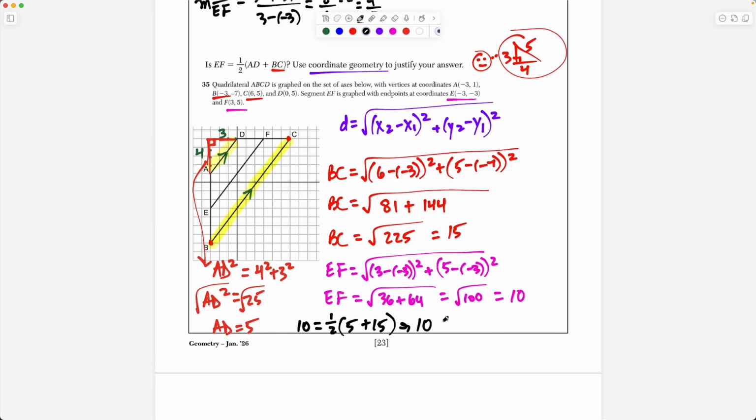This tells us 10 is equal to half of 20, which gives us 10. So 10 equals 10. So we'll just say yes. This one here checks out. So yes, it checks out. And our justification involves coordinate geometry, where we could use the distance formula or we could use the graph and use the Pythagorean theorem.